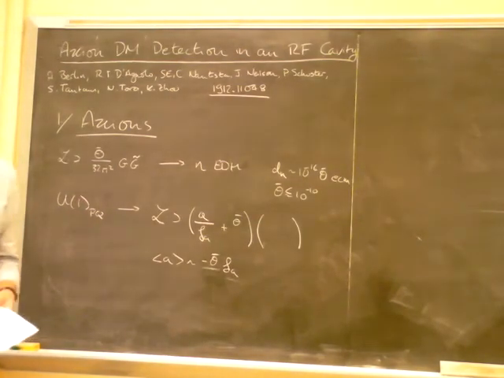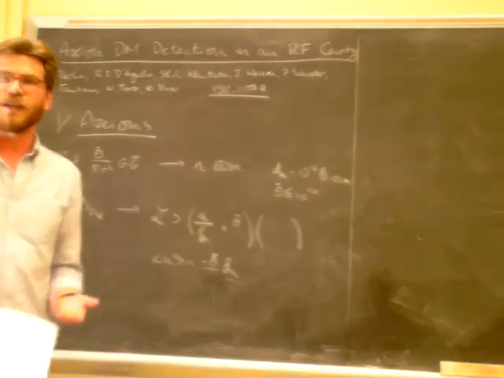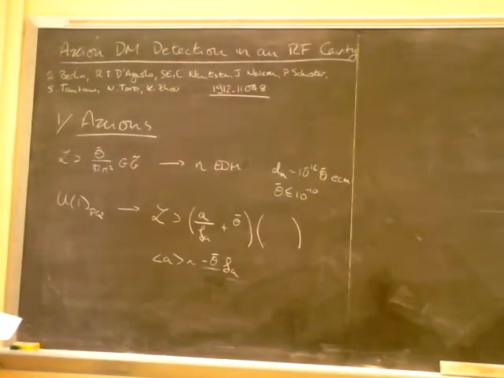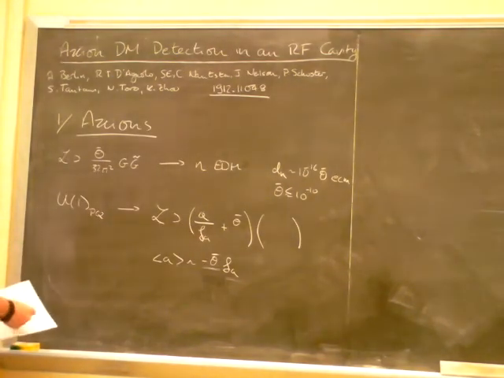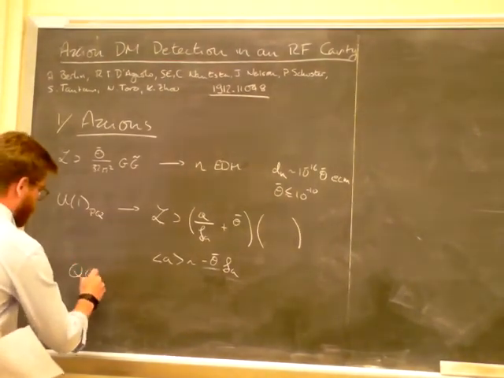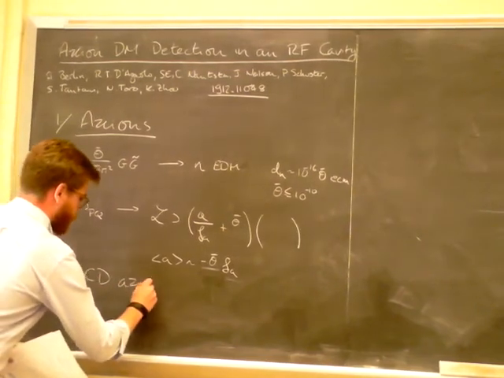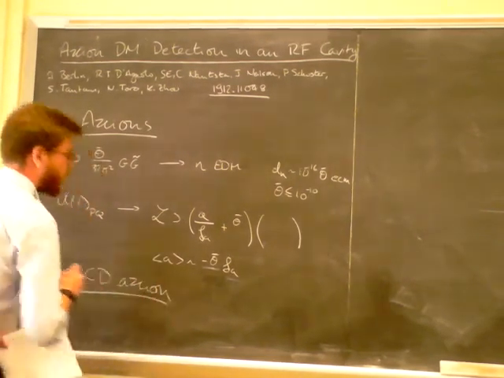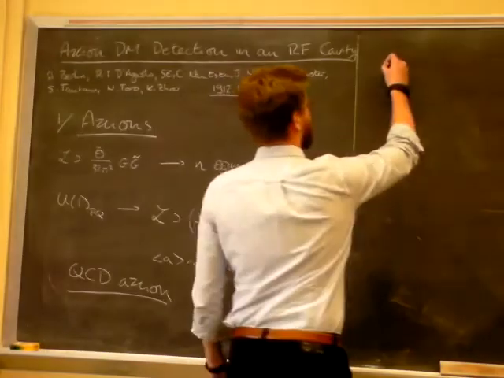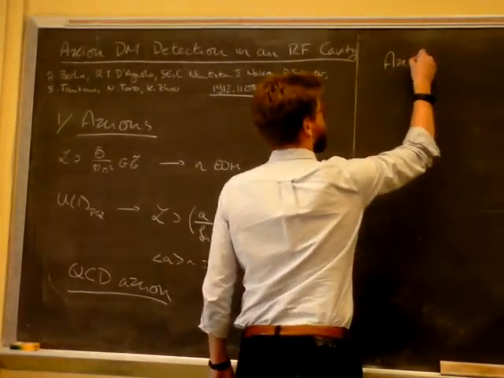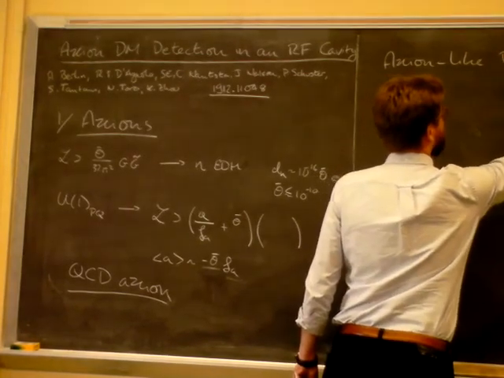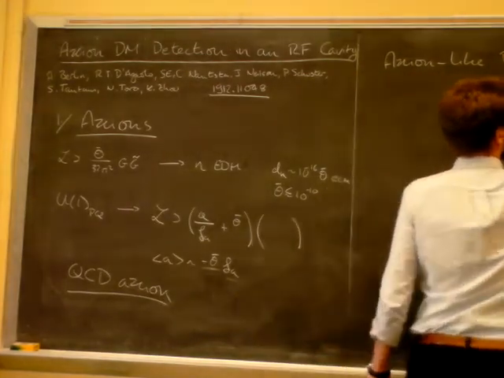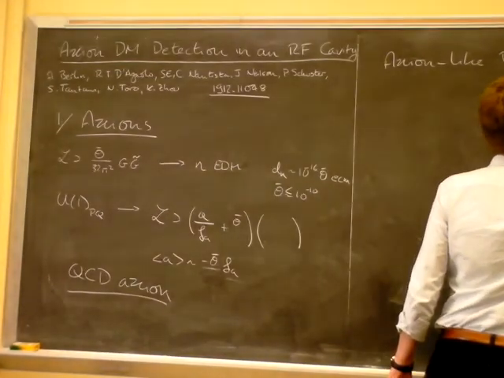And then in the later decades, and indeed this was popularized in the mid-2000s, people found that besides this axion, which we'll call the QCD axion, we also had what we now refer to as axion-like particles, or ALPs for short.